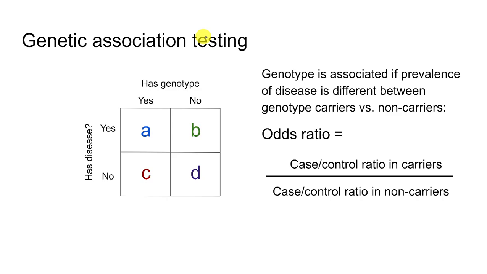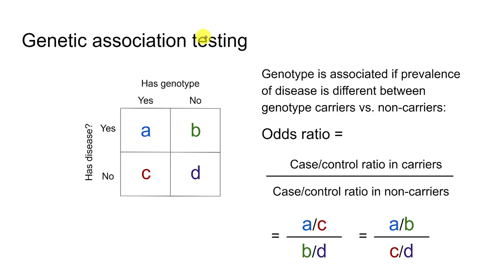You'll say a genotype is associated with that disease if the relative risk of disease is higher in people who are carrying that genotype versus those who are not. So you're just taking a ratio of cases versus controls, so A versus C divided by B versus D. And then you can also flip this table around and show that this is equivalent to the ratio of A to B versus C to D. That's just an aside.